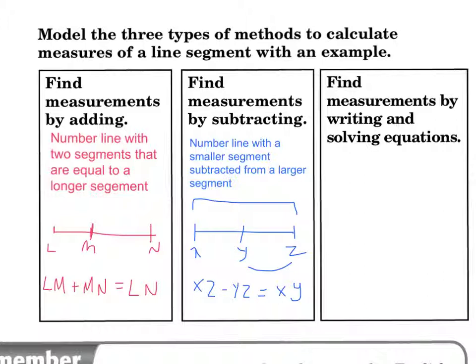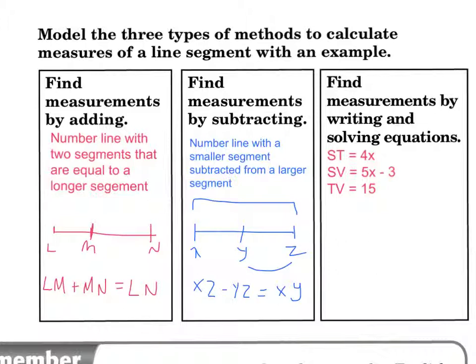Now the next one, finding measurements by writing and solving equations. This one's best solved through an example. So let's suppose we have two segments. We have ST, which is 4x, and SV, which is 5x minus 3, and we know TV is 15.